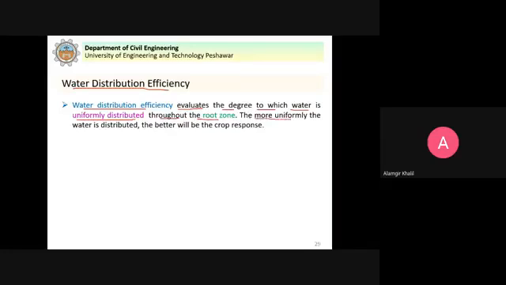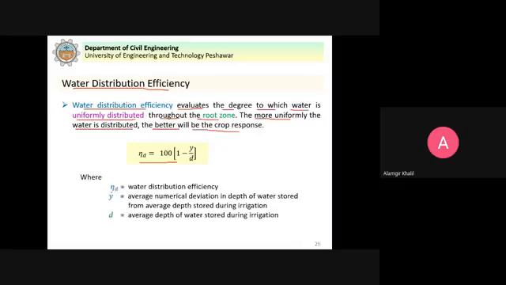The more uniformly the water is distributed, the better will be the crop response. It is given by this expression here, where eta D is the water distribution efficiency, and Y is the average numerical deviation in depth of water stored from the average depth stored during irrigation.